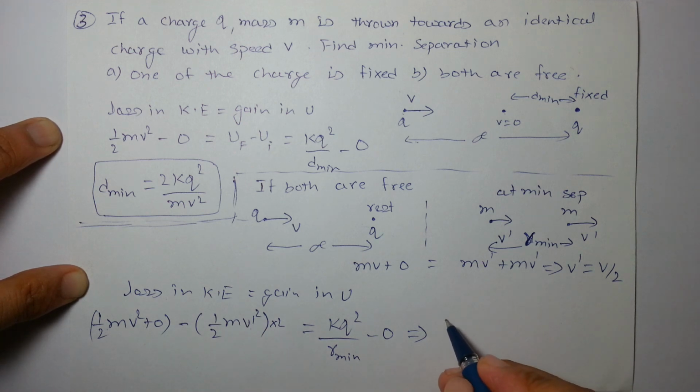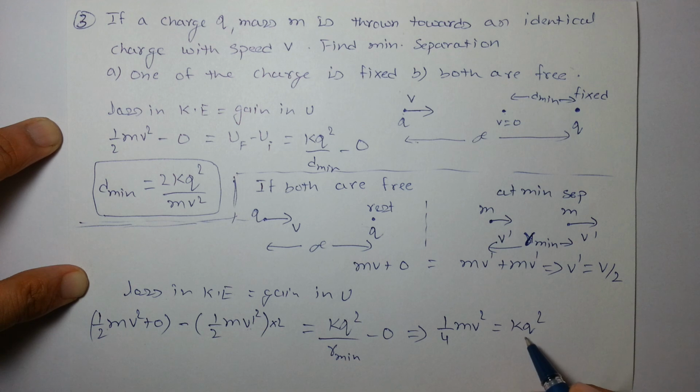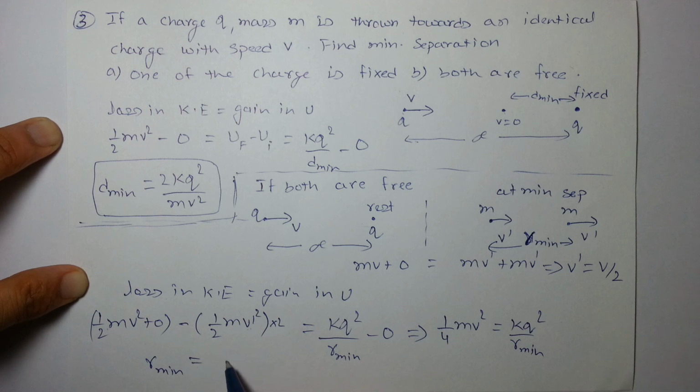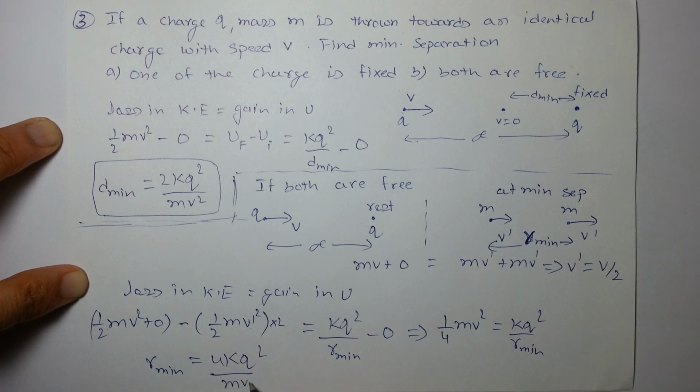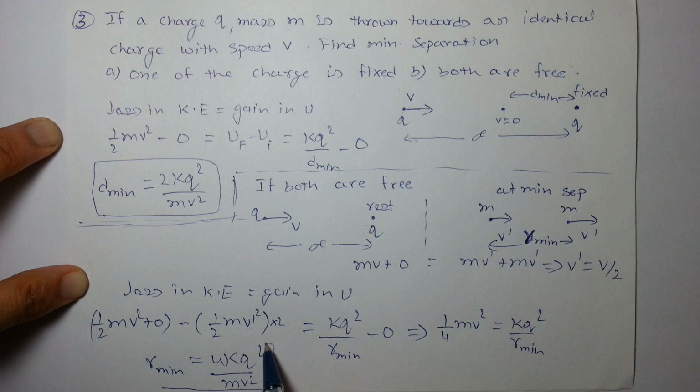So half minus 1 by 4 will be 1 by 4 mv square equals kq square by r min. We can find r min as kq square into 4 by mv square. Okay, so this is the minimum separation when both are free.